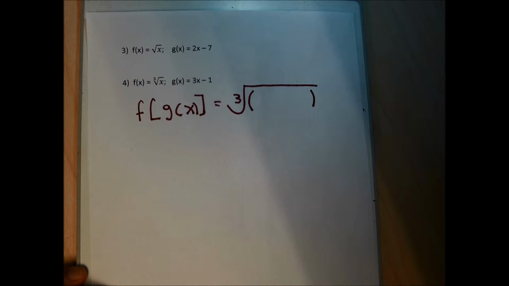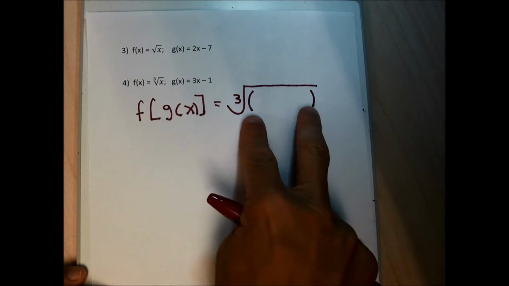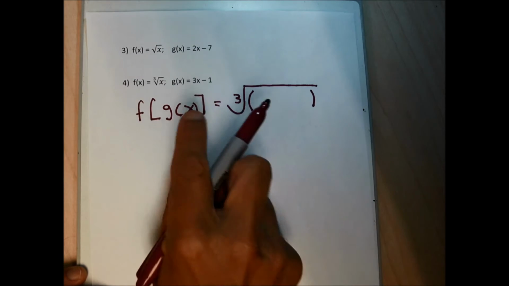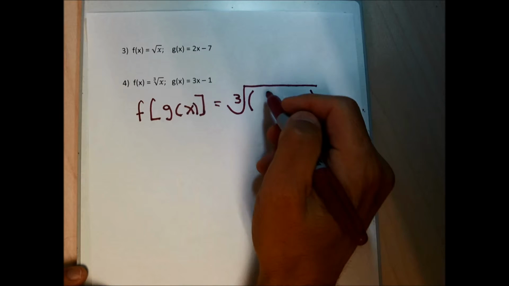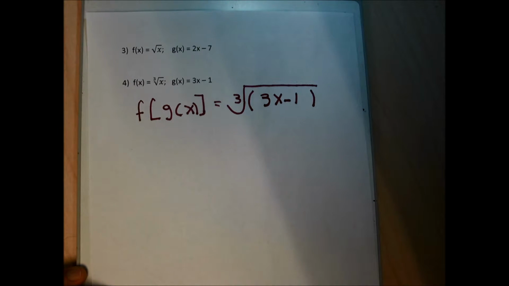It turns out that the cube root sign is working like a parentheses, and I don't really need the parentheses here, but it's okay to have them. So I wrote the f function without the x, put a parentheses where the x was, and inside the parentheses I put the right-hand side of the g function, which is 3x minus 1. I certainly don't have to simplify this, but I could.